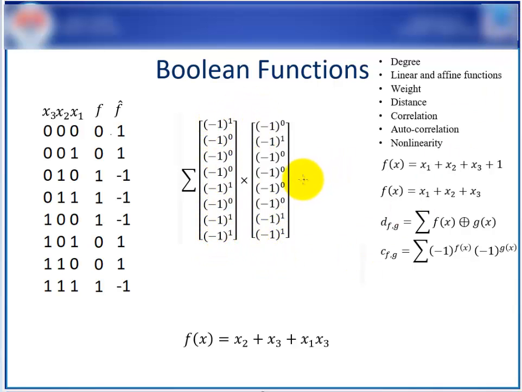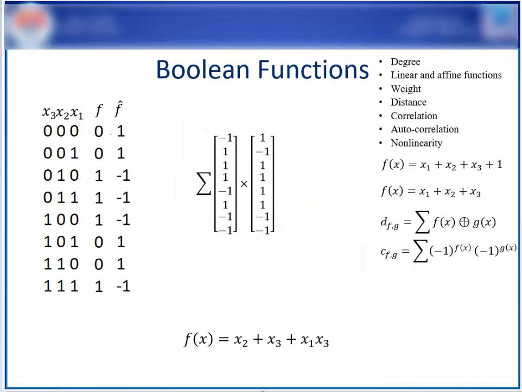So let's calculate these polar forms, which will be equal to (-1) to power 1 gives us -1, (-1) to power 0 gives us 1, (-1) to power 0 again gives us 1, and continuing this way, we are going to obtain this vector. Calculating the polar form of truth table for the second Boolean function, we are going to end up with this expression.